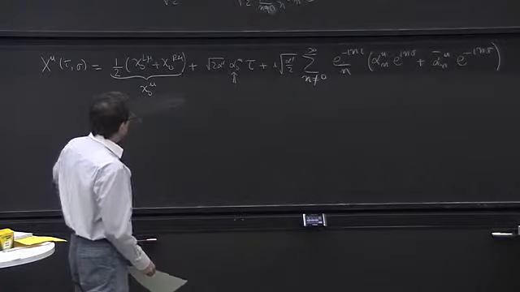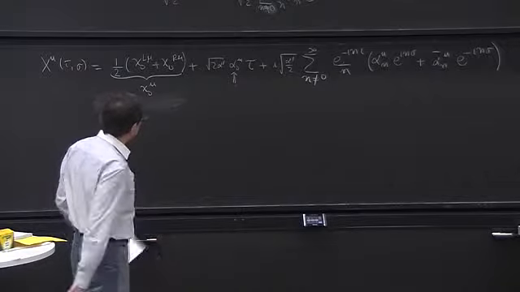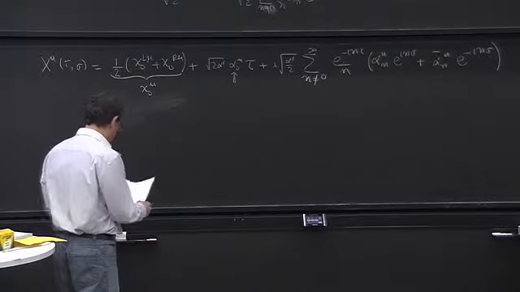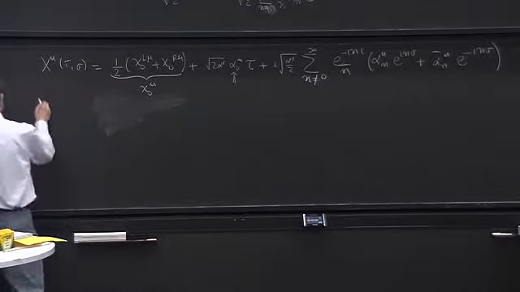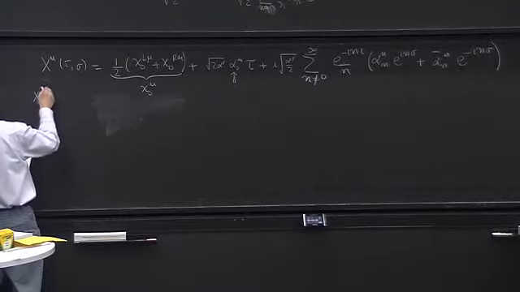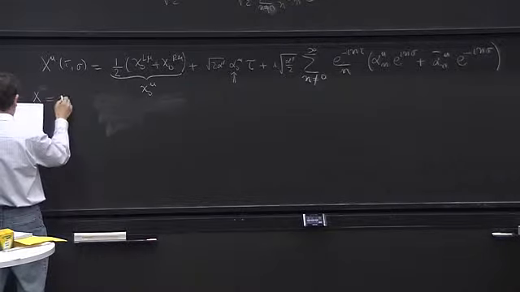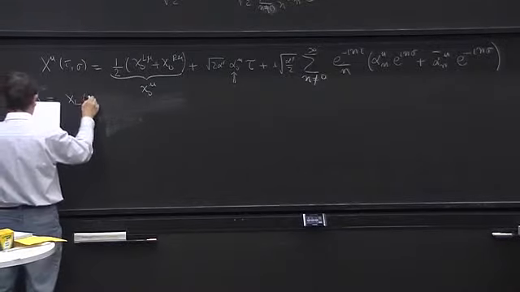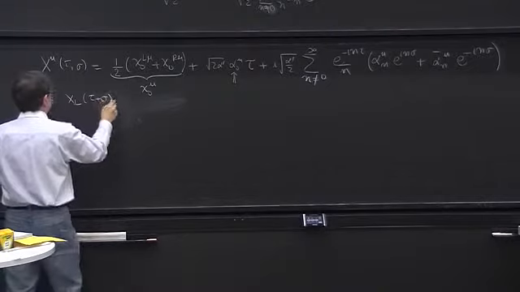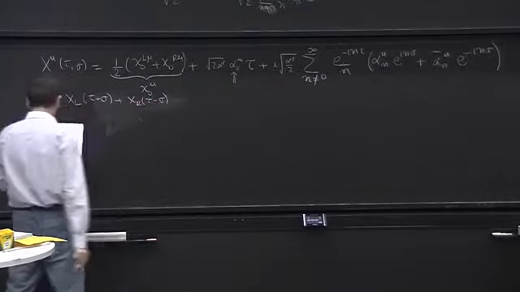Okay, so I want to argue that these things have been written in such a way that things look good. So let's rewrite the fact that X, and I won't put the subscript mu, it's just too much work, is equal to X left of tau plus sigma plus X right of tau minus sigma.